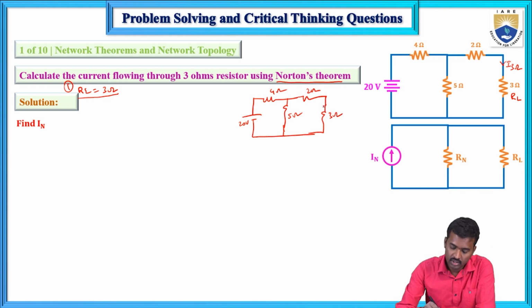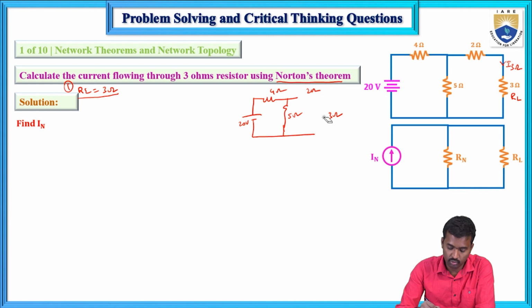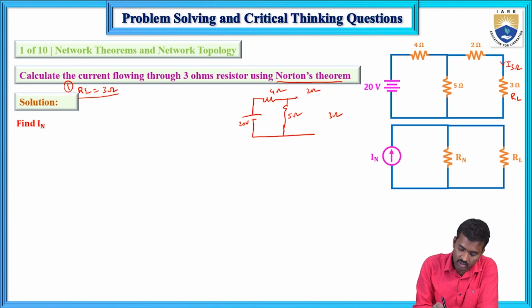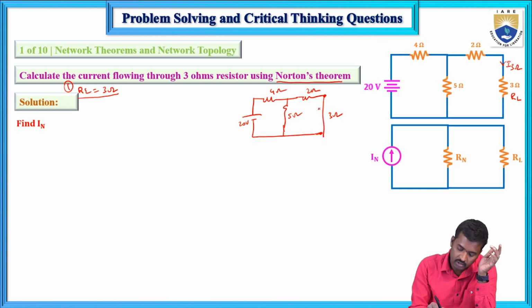Now remove the load resistance from the given circuit. That is step 1 to find this one. Remove this load resistance and short these load terminals, then calculate that short circuit current. That short circuit current is known as IN.